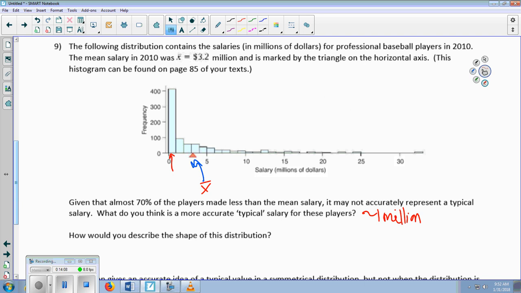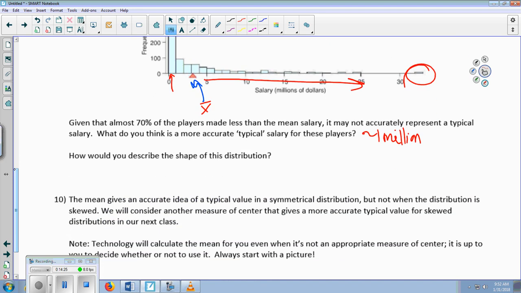What's happening is that our mean is being pulled in this direction. First off, the shape of this distribution is skewed to the right, and the tail is pretty long, pulling our mean in that direction and not giving a good typical value to describe this data set.